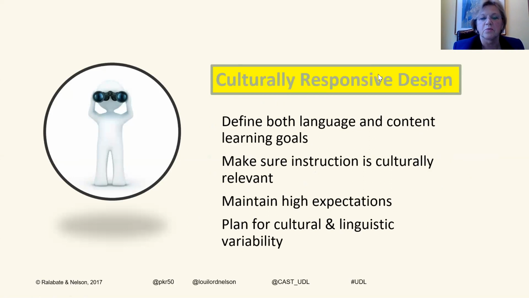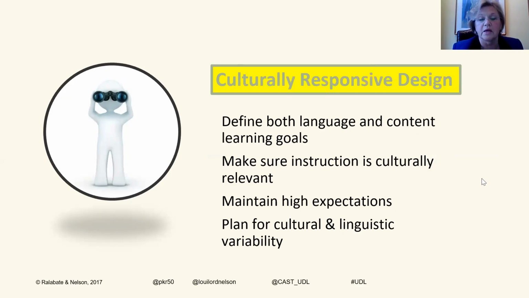This is our summary slide here, just some basic points we want to leave you with. As I said earlier, make sure you focus on both language and content or academic learning goals when you're designing your learning environment and your lessons. Make sure that your instruction is culturally relevant, that you offer choices for students, and that you support them and scaffold them, and maintain high expectations of all of your learners.